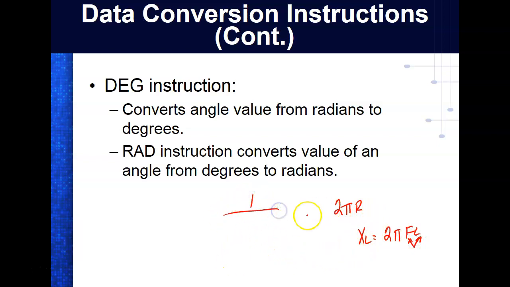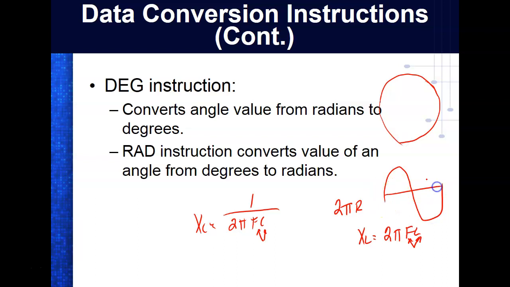And to solve for capacitive reactance, X of C is equal to 1 over 2 pi FC. So what you're doing is you're actually solving for not a vector, you're solving for a quantity that deals with a circle, right? So we use these formulas a lot in AC because AC is generated on a circle. In fact, we say one cycle is equal to 360 degrees.